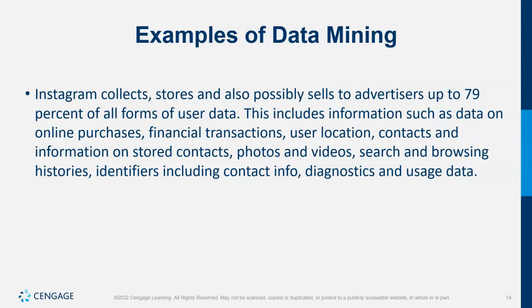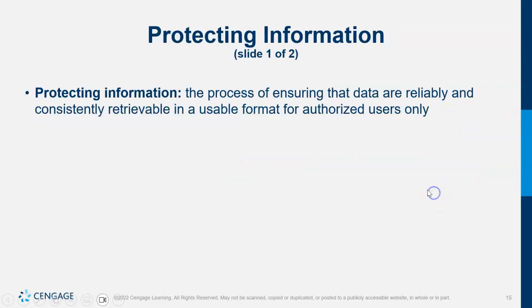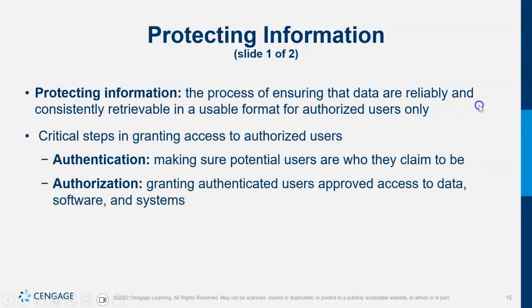And this is why when you're on Instagram, you might see an ad for something that you previously looked at. Like maybe you were shopping for something and you see an ad for that. That's an example of how they're using that data. It's called retargeting, actually.